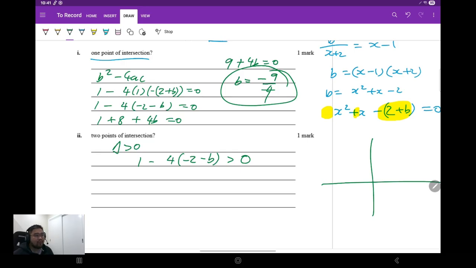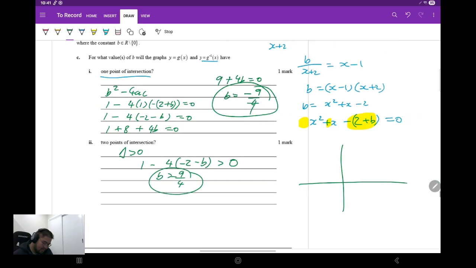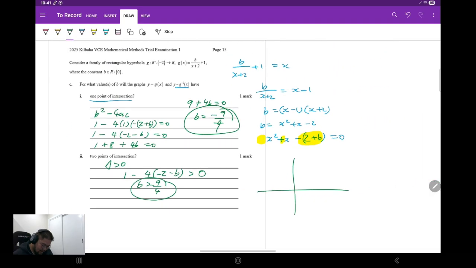Okay, so that's greater than 0 when b is greater than negative 9 over 4. We need to take into consideration there's a couple of things. b cannot be 0 because it's defined here.